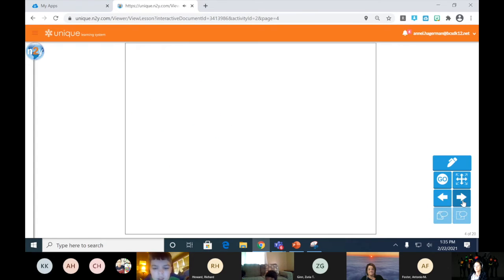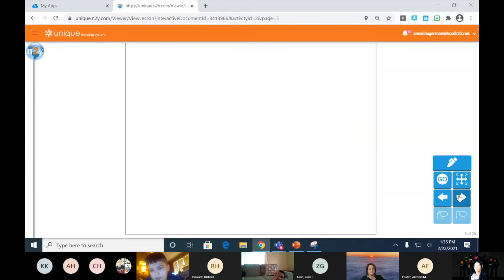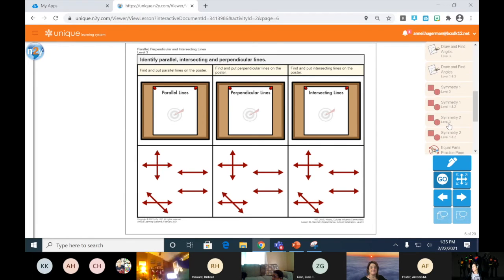Good job. All right, we did that one already. Okay. So now we're going to identify parallel, intersecting, and perpendicular lines, just like Blazer Fresh told us in the song. Let's go to our level 1.